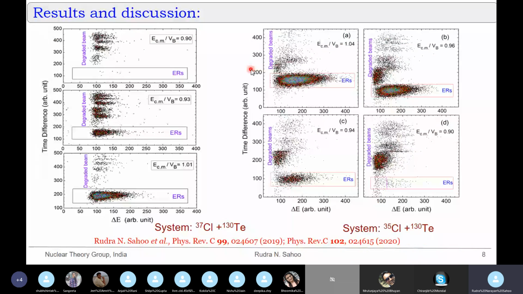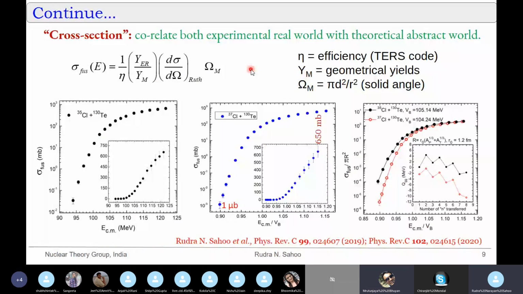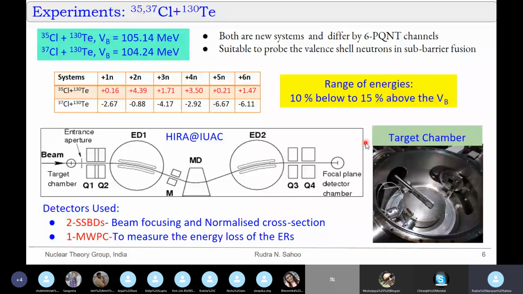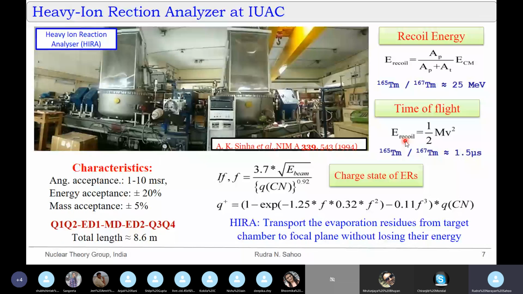At that time we provide it to the code. The recoil energy and charge state are calculated from the kinematics to provide the electric and magnetic fields to the different elements, such that the desired particle, in our case the evaporation residue, will be transferred from the target chamber to the focal plane. That's why we are doing it, but the calculation is different.